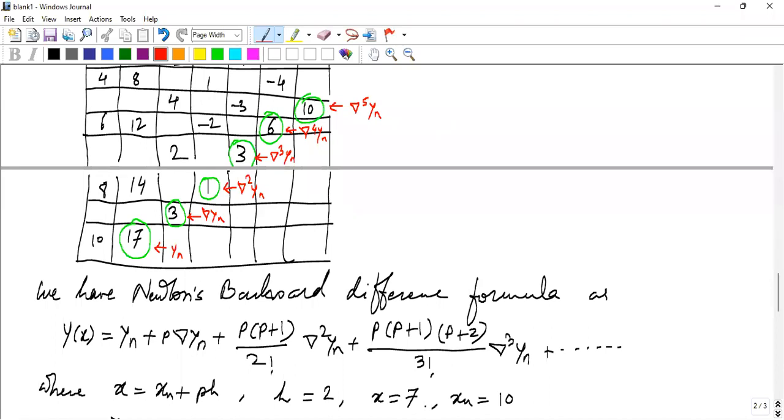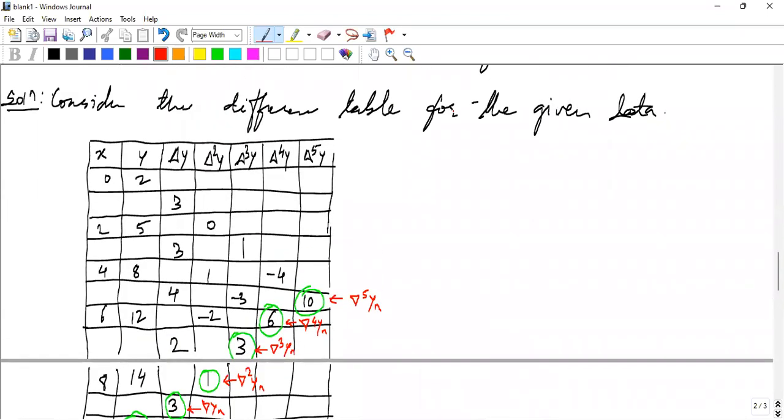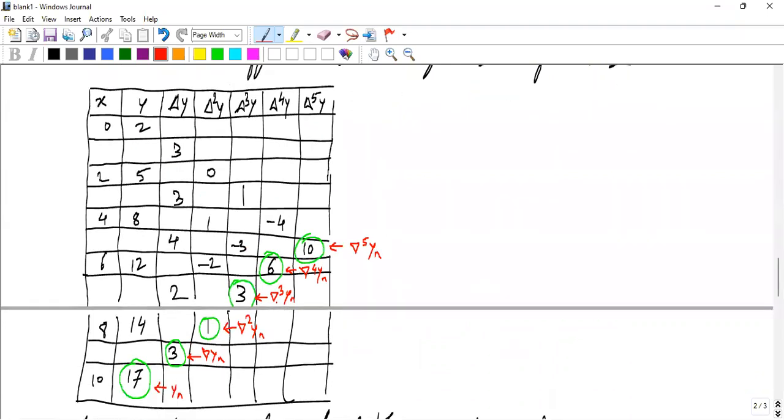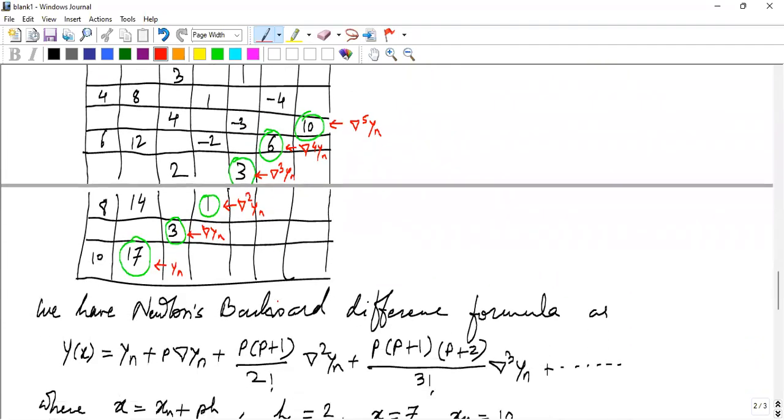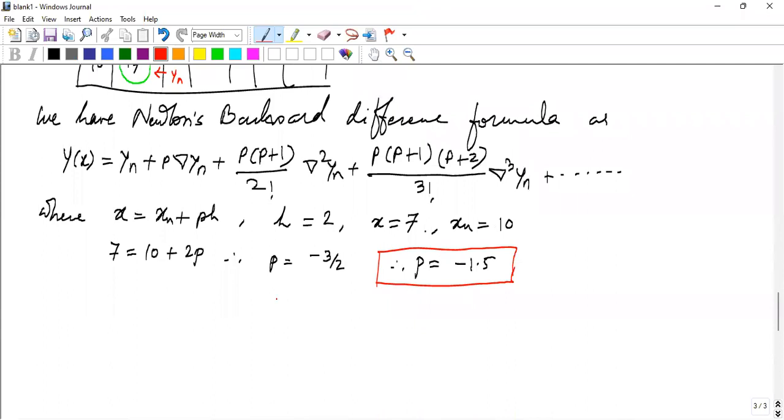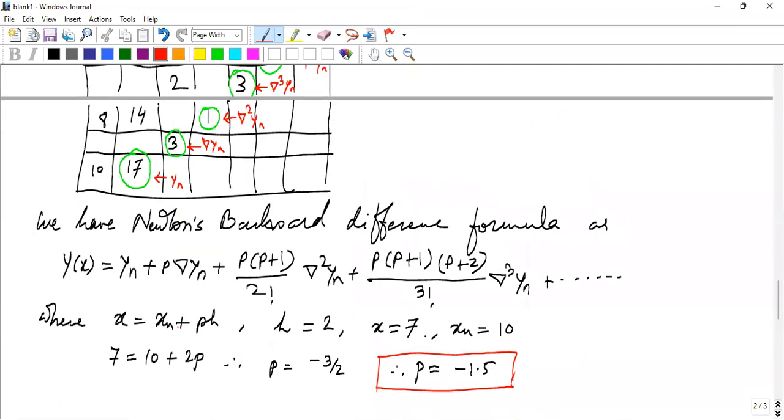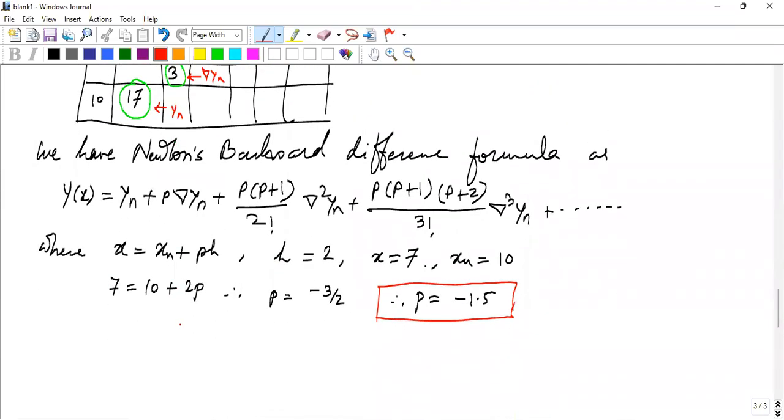Okay, so in the same table, you will find the forward differences as well as the backward differences. Only thing is that you have to consider where is the forward difference and where is the backward difference. Okay, so if we consider these values, then these are the forward differences, but we have to use the backward differences. So forward differences are at the top and the backward differences are at the bottom. Okay, so now we have these values, we have the formula.